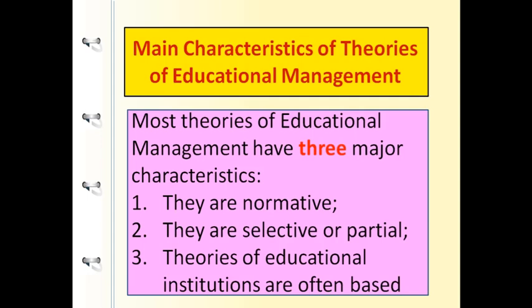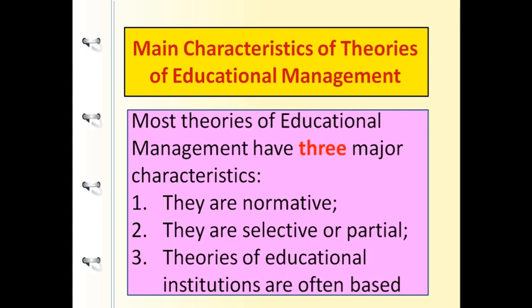What are the main characteristics of theories of educational management? First, theories tend to be normative, which means reflecting beliefs about the nature of educational institutions and the behavior of individuals within them. Second, these theories are selective or partial.